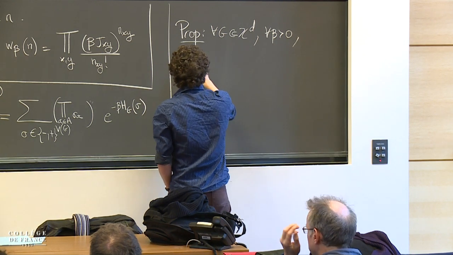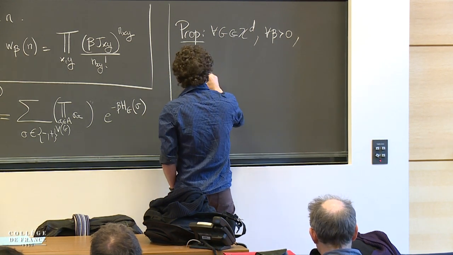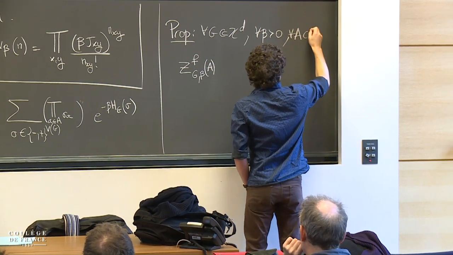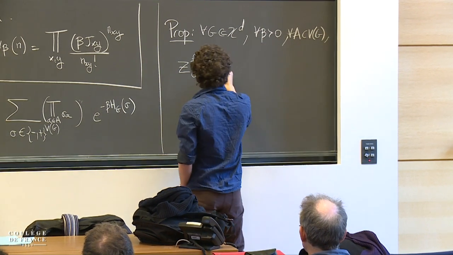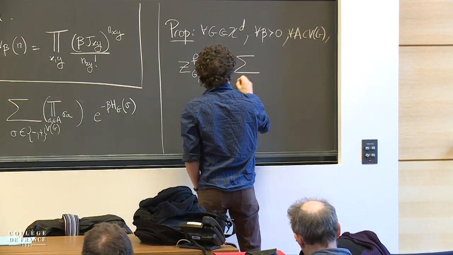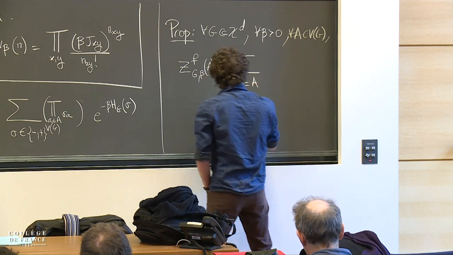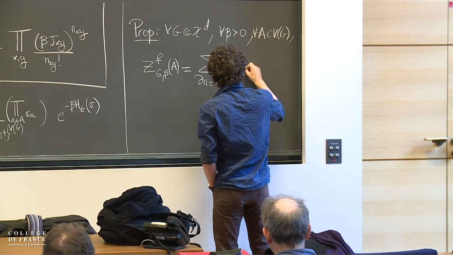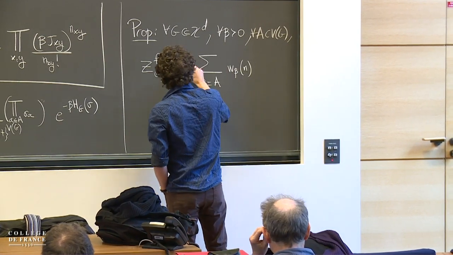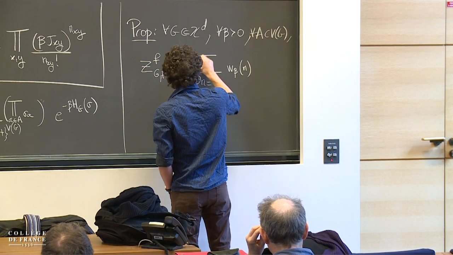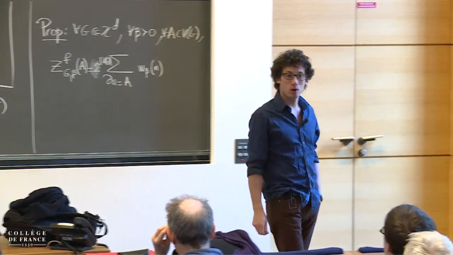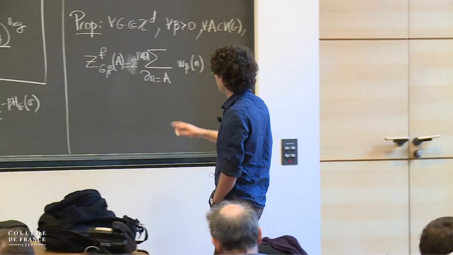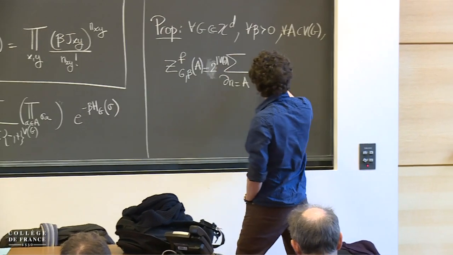For every A subset of V of G, this thing, in fact, is simply the sum on the currents with sources A of W beta of n. And when I say it's simply the sum, I'm lying a little bit. There is the 2 to the V of G in front, to the number of vertices in G. So there is a very simple representation of this sum in terms of a sum of currents.